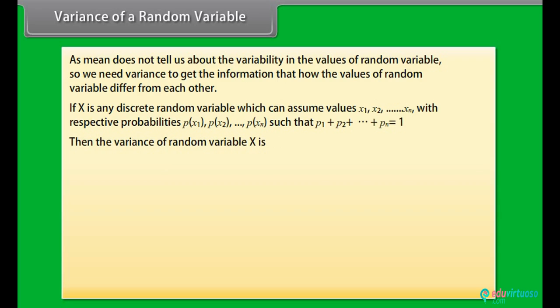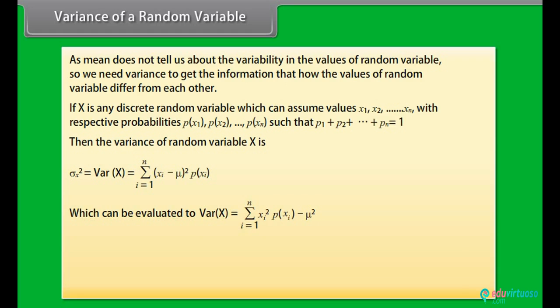then the variance of random variable x is sigma x square equal to variance of x equal to summation from i equal to 1 to n of the product of (xi minus mu) whole square and p(xi), which can be evaluated to variance of x equal to summation from i equal to 1 to n of xi square into p(xi) minus mean square.